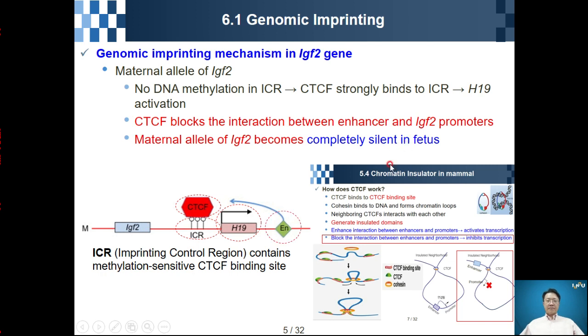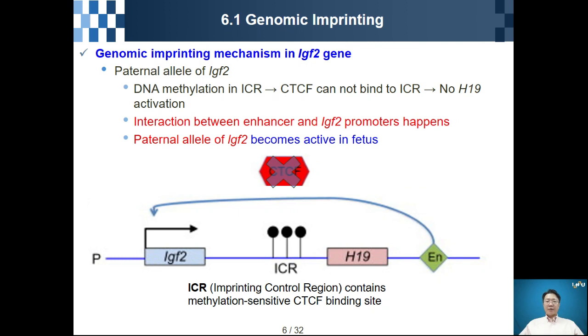In the paternal allele of IGF2, the DNA in the ICR region is methylated. So there is DNA methylation in the ICR, especially in the paternal allele of IGF2. It means that in this case, CTCF cannot bind to the ICR, so there is no H19 activation.